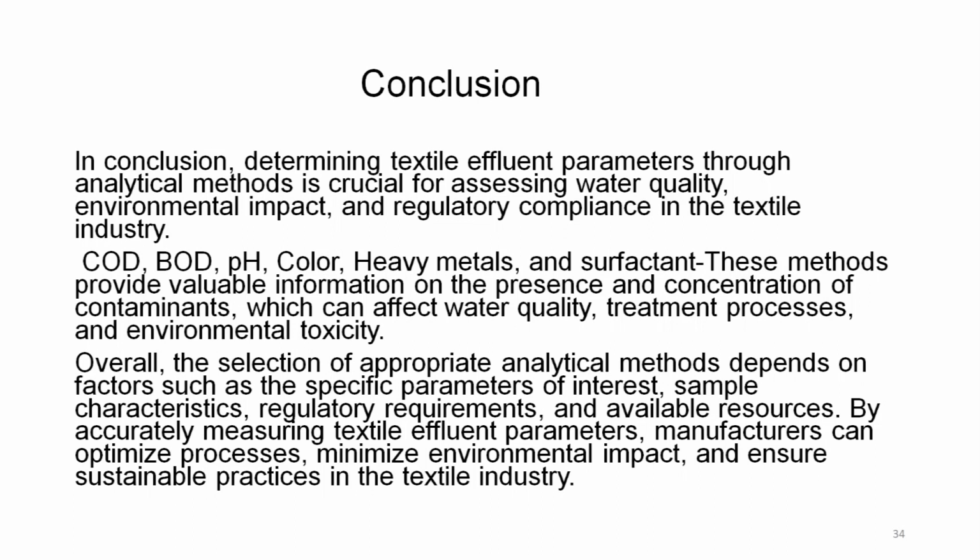So, having understood the importance of analysis, the analysis of these crucial parameters including pH, color, heavy metal, COD, BOD, TSS, TDS and surfactants. We need to find out how much is present.